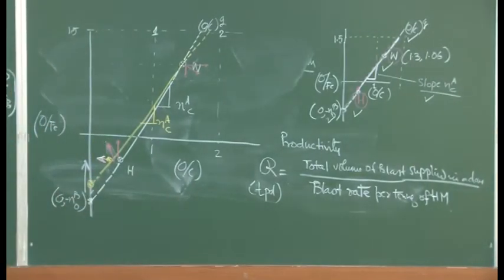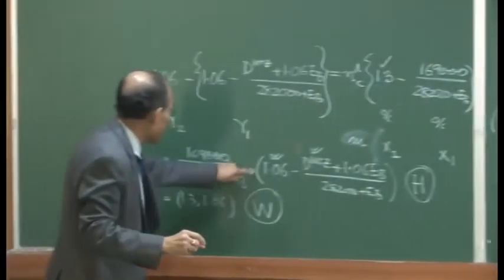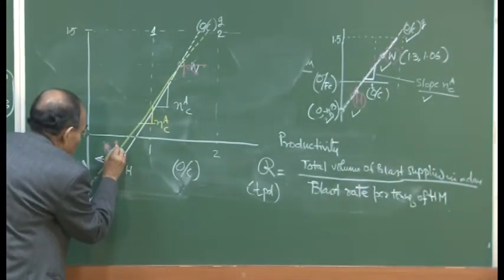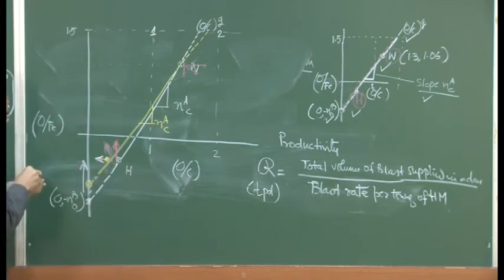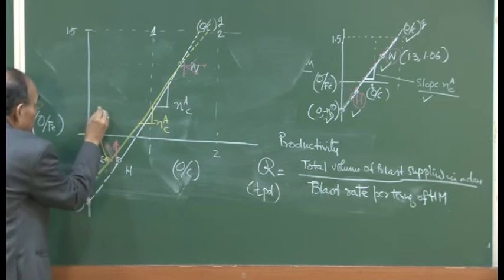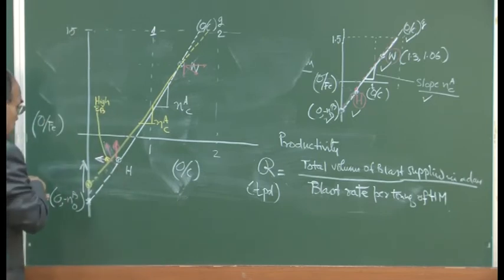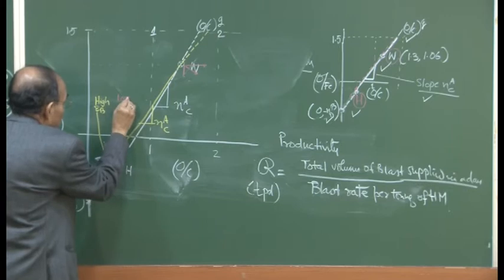So if you have a smaller dWRZ, this term is going to be unaffected, the x1 coordinate is going to be unaffected, but the y1 coordinate is going to be less negative, so the point is going to move in this way. So this point is my higher enthalpy point, high enthalpy of the blast, and this point is my low dWRZ.